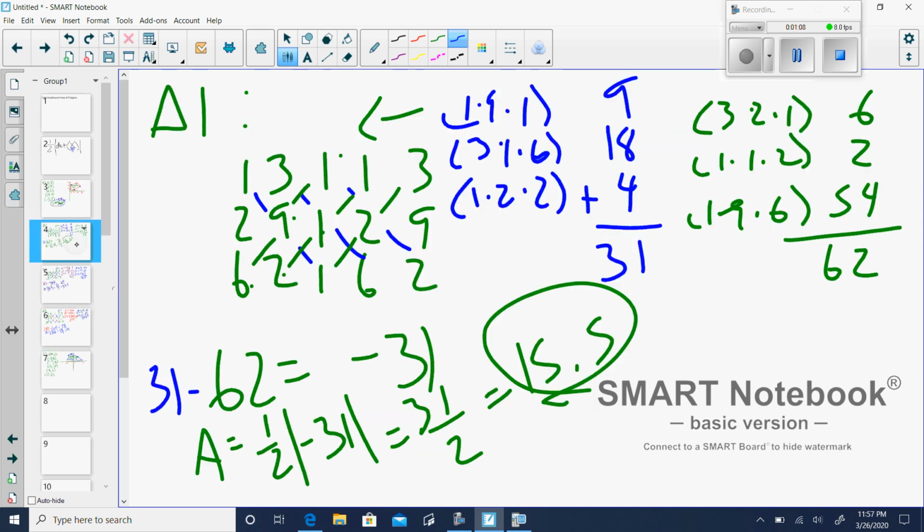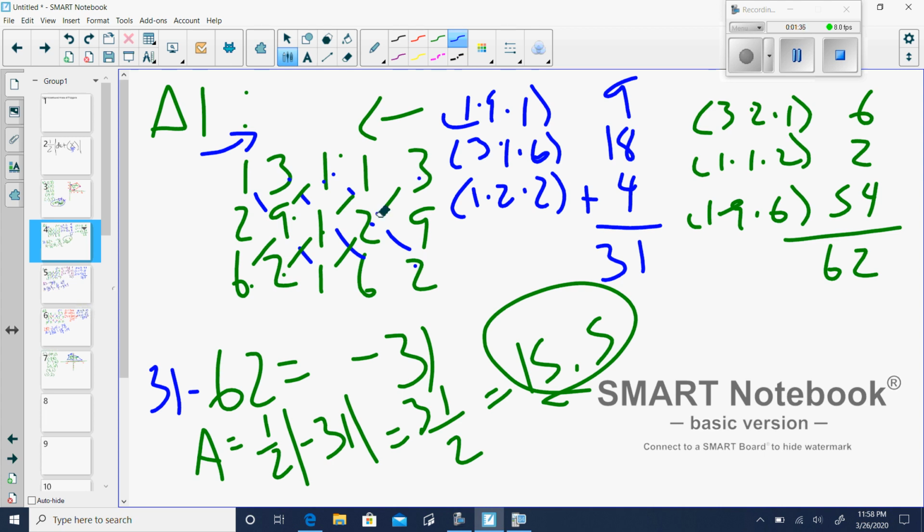All right, so what I went ahead and did on number 4 is I set these up and I went through the process. As we go from left to right, we do our diagonals. So 1 times 9 times 1 is 9, 3 times 1 times 6 is 18, 1 times 2 times 2 is 4. That sums to 31. From that, we take away the sum of the diagonals from right to left.